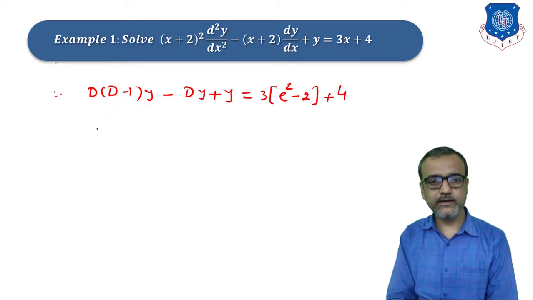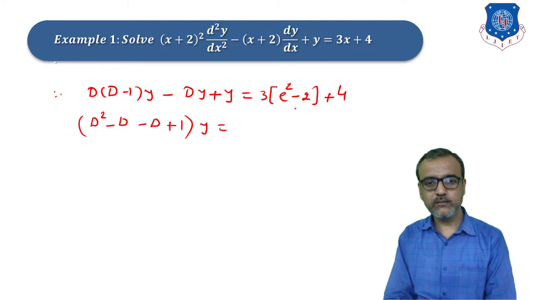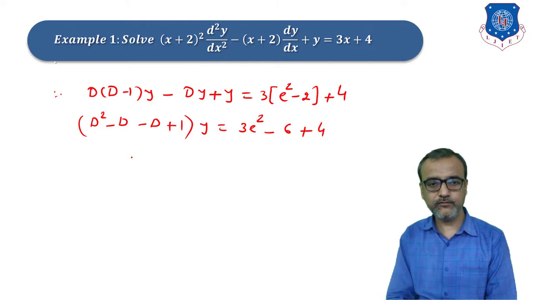Now we will simplify this equation, taking y common and multiplying D minus 1 by D. So we have D square minus D plus 1 times y equals multiplying e raised to z minus 2 by 3, so we have 3 e raised to z minus 3 to the 6 plus 4.